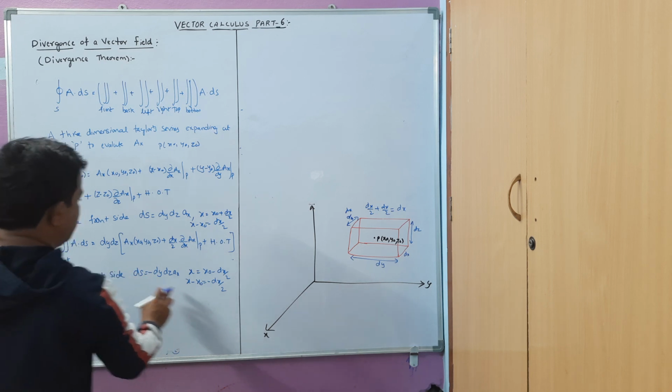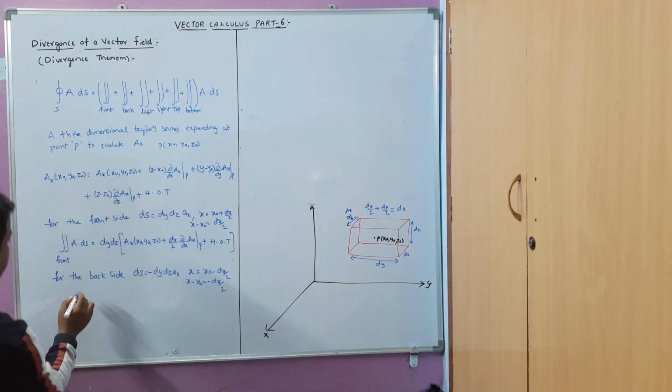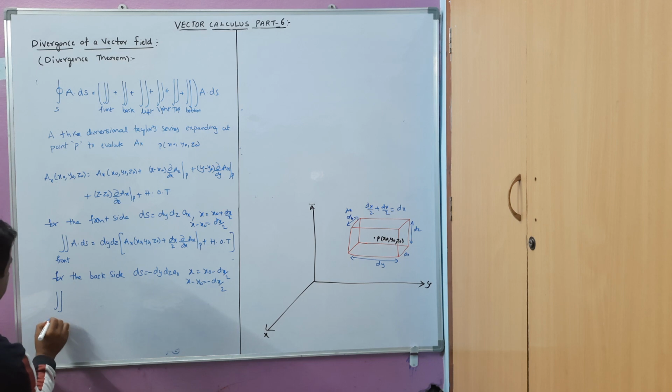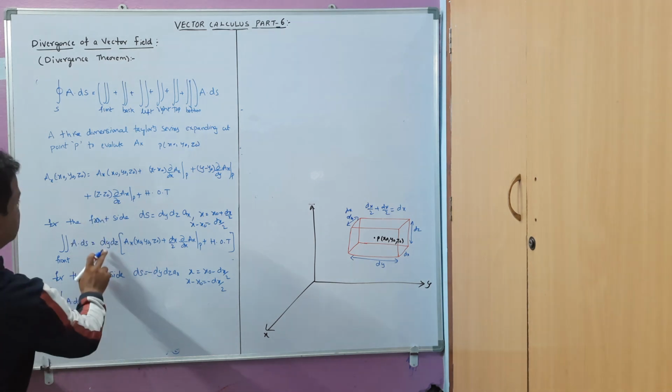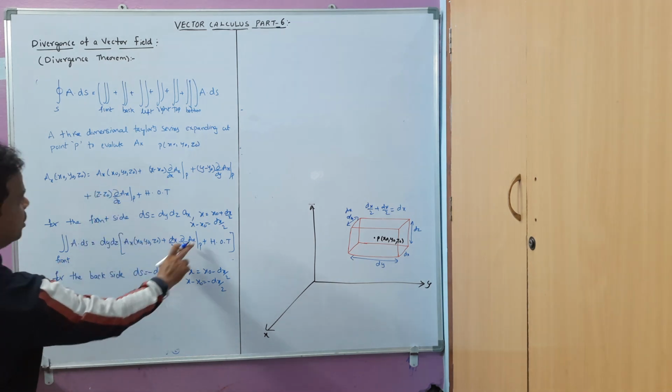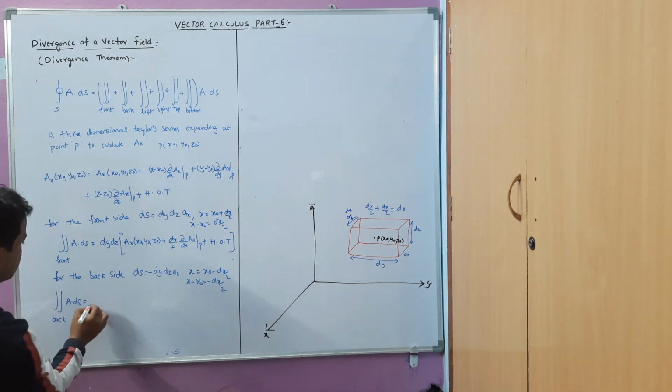Right? So now for this equation, I get the double integration over the back side of A dot ds, which will give me dy dz with a minus sign, that is minus dy dz.